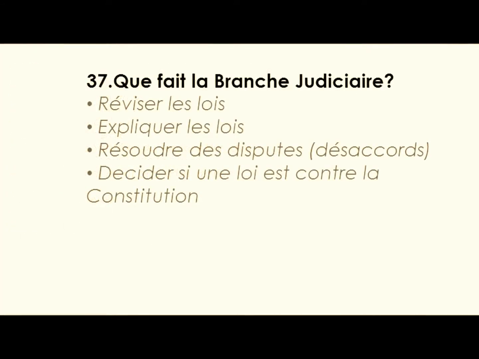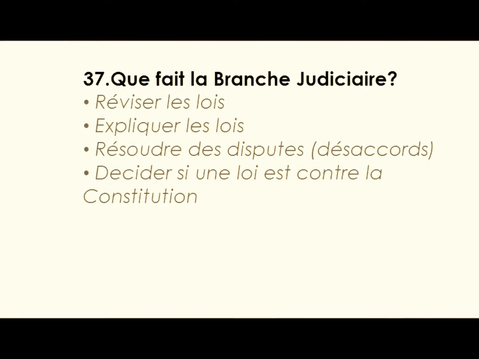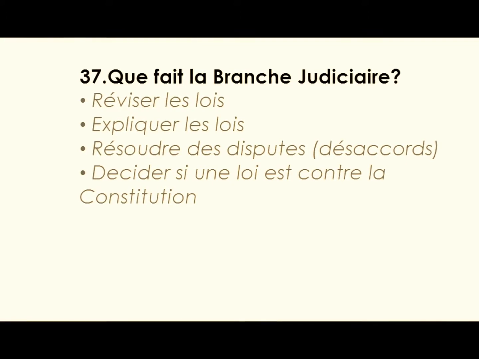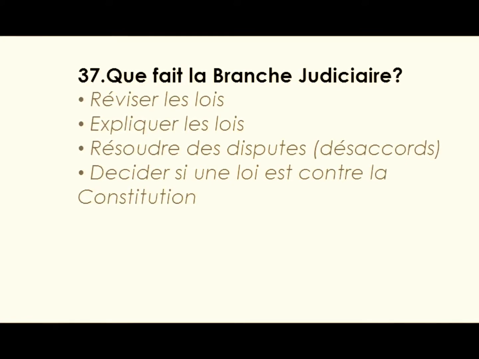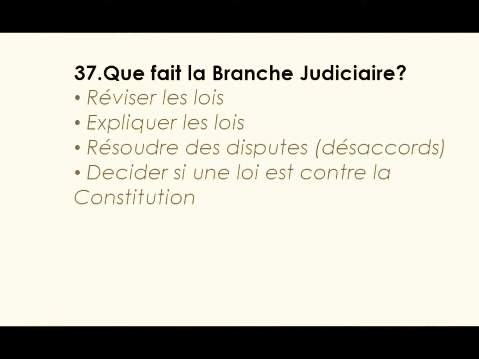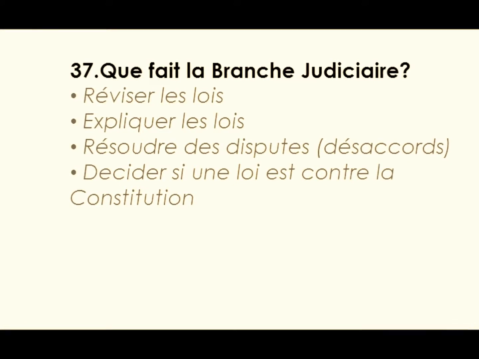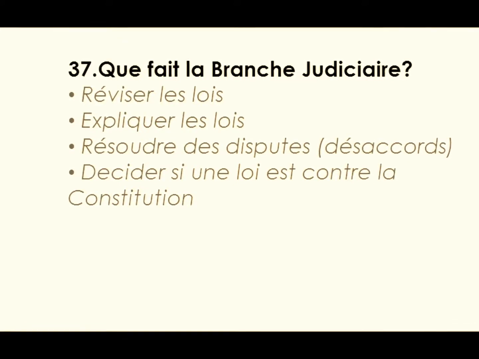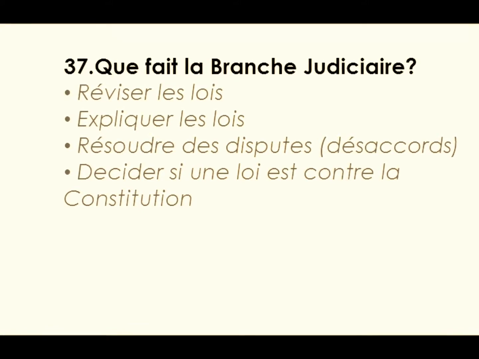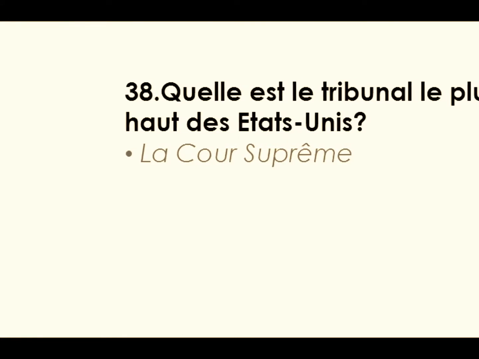What does the judicial branch do? Reviews laws, explains laws, resolves disputes, disagreements, decides if a law goes against the Constitution. What is the highest court in the United States?